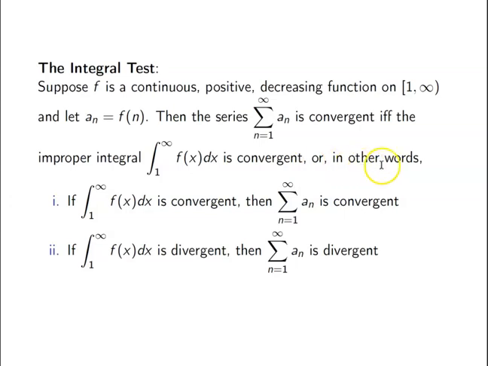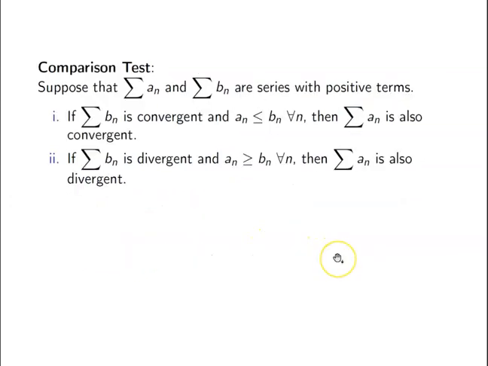Or, in other words, if the integral of the function that matches the sequence, which is continuous, positive, and decreasing, is convergent, then the series is convergent. If that integral is divergent, then the series is divergent.